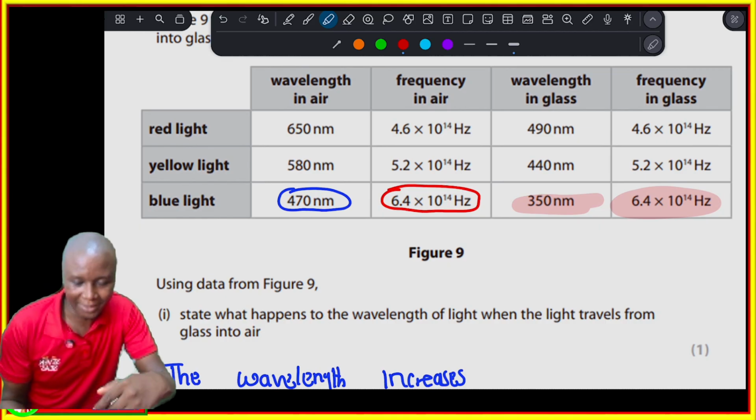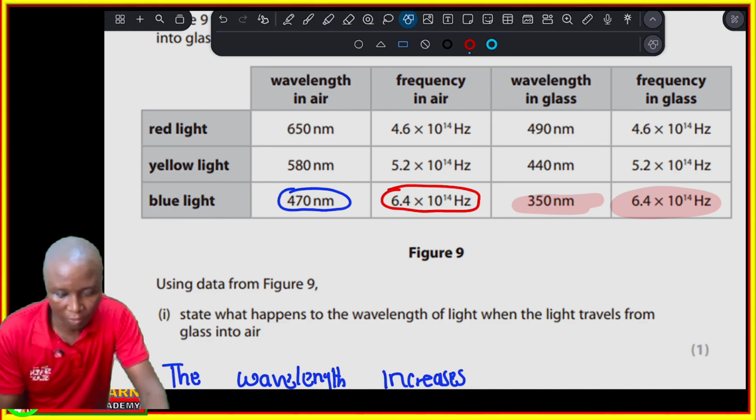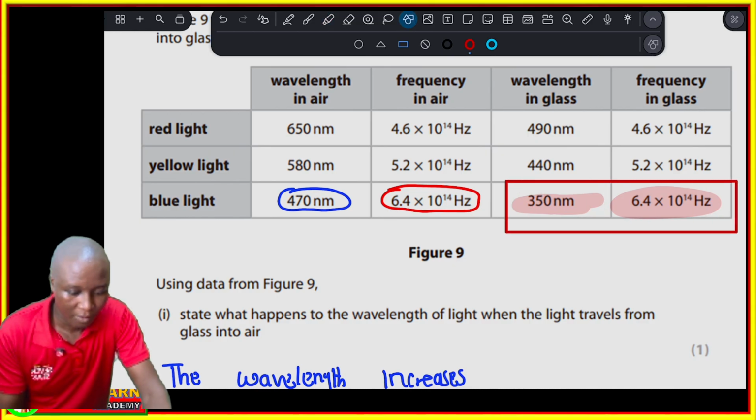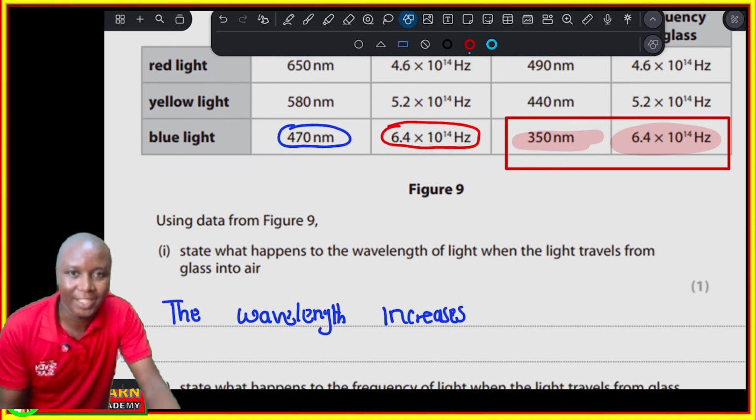And remember, for us to work out the speed when this is moving in glass, whatever answer we are going to get here will be the speed in glass.